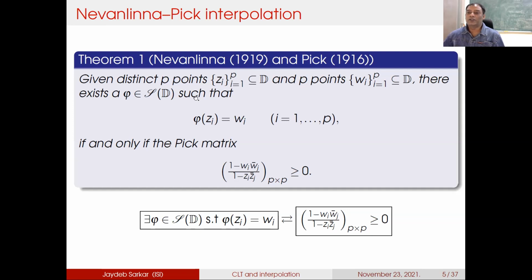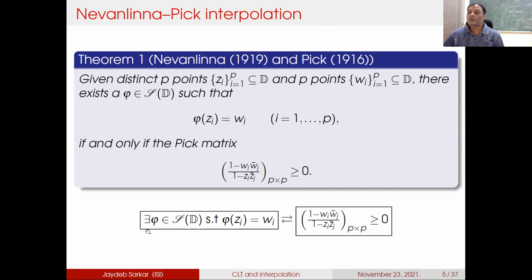So you have P distinct points Zi in D and P points Wi in D. So given that, there exists a Schur function, that means an H infinity function, but the norm is less than or equal to 1, such that it interpolates, Zi goes to Wi for all i, if and only if this P by P Pick matrix is positive. So this is a P by P matrix, and this relies only on your data, so Wi and Zi.